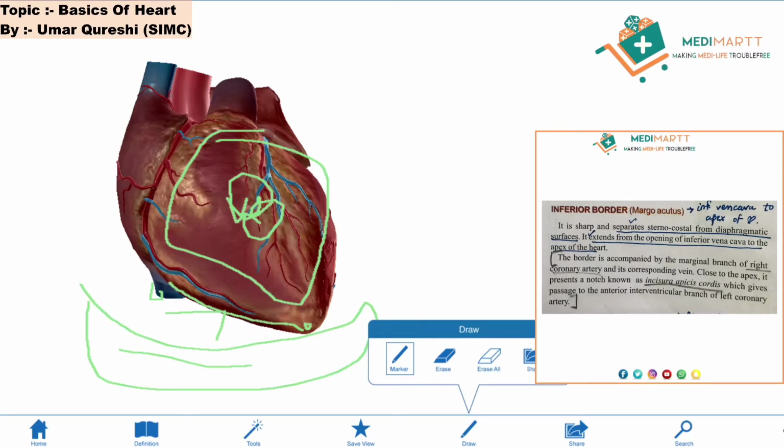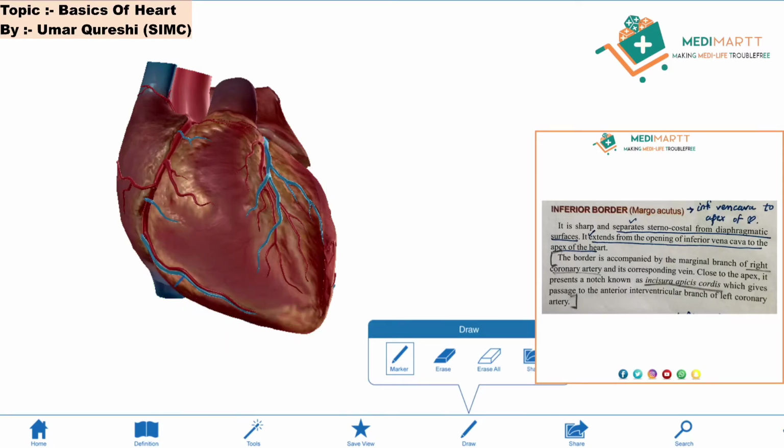Then the next point is that the border is accompanied by the marginal branch of the right coronary artery. For this you have to understand the blood supply of the heart. Right now, just learn that the blood supply of the heart is the right and left coronary arteries, and there are several branches of each. This is the marginal branch of the right coronary artery which is accompanying. Accompanying means passing along the inferior border, attached to this border.